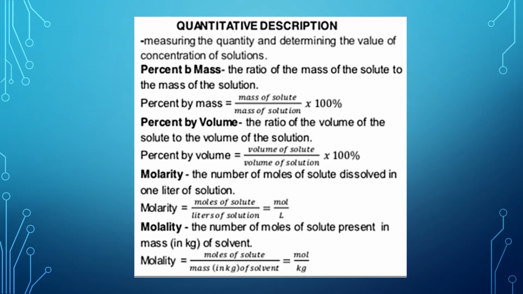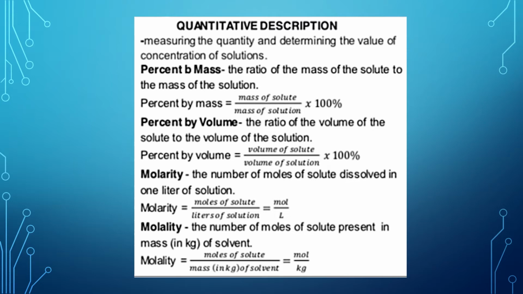The same procedure po sa percent by volume. Kasi, class, sa percent by mass, in grams po ang ating kinukuha since mass yon, o yung mga ginagamit natin na given doon ay in mass.